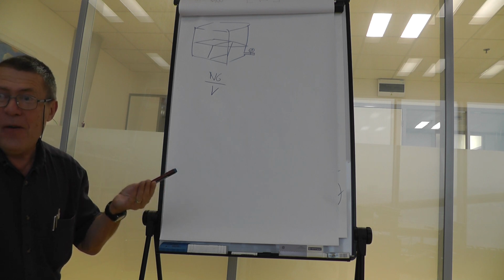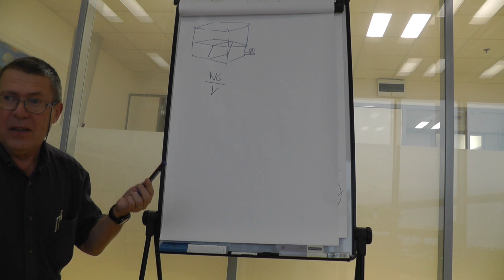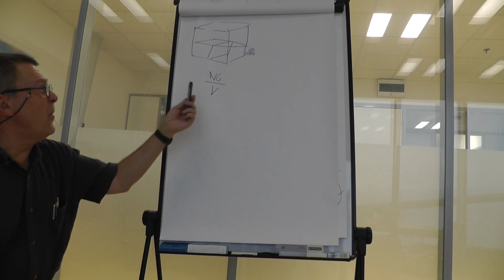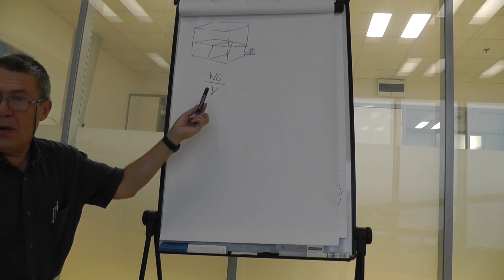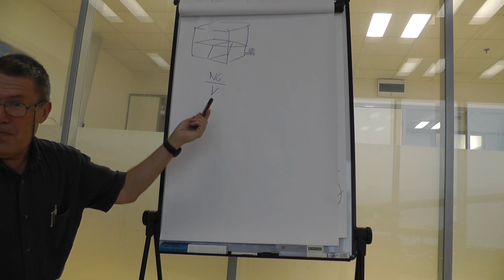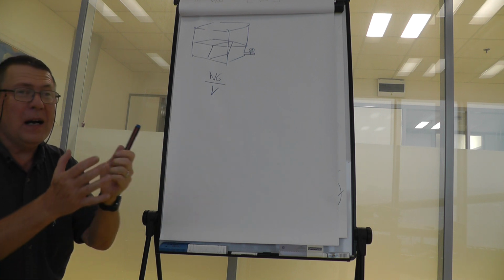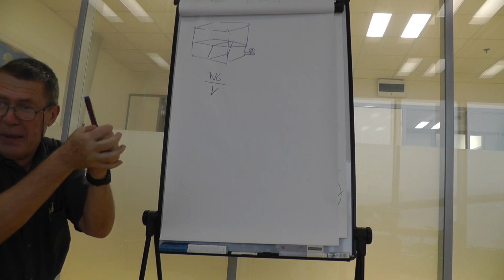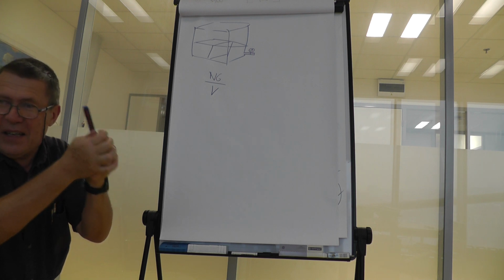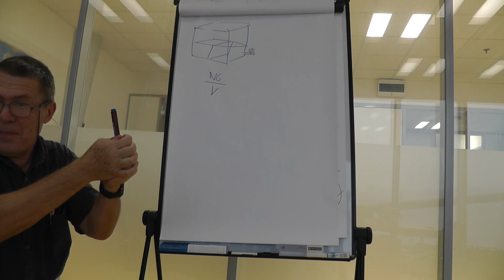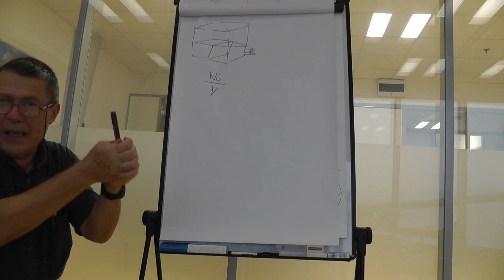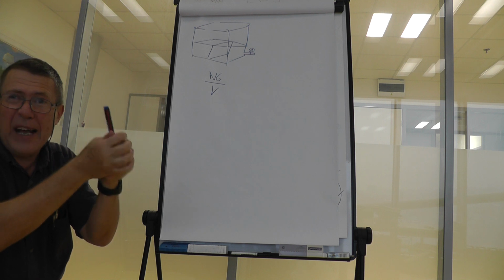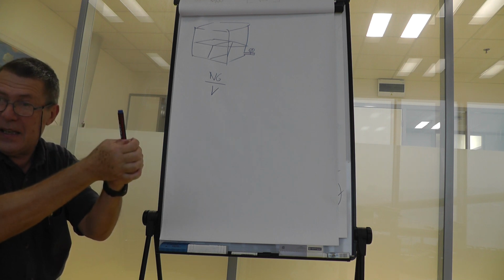Mathematically, if we let the volume approach zero, we would have a point, a so small volume that it becomes a point. In fact, it gets dimensionless, and that would give us the density of creation of the gas in that point.